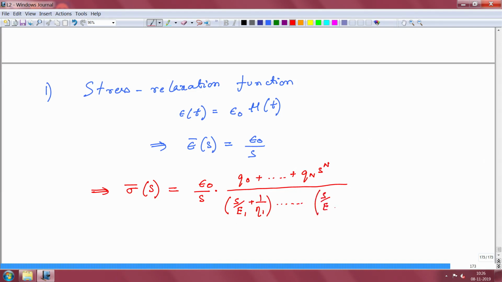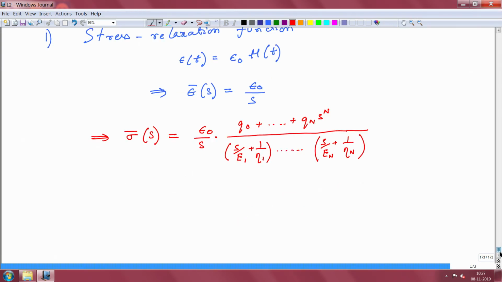Sometimes I will leave this in the factored form when it is easier for us to discuss. So, here I am just leaving it in the factored form. Now what we have is basically a rational fraction form, right. And the question is, we cannot take the Laplace inverse of this directly, we have to express it in some simpler format.